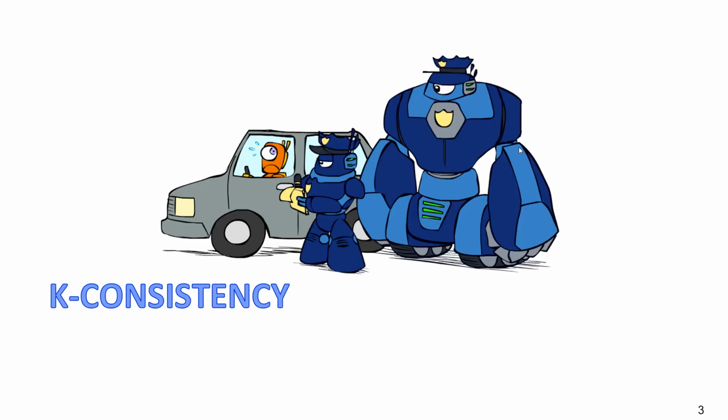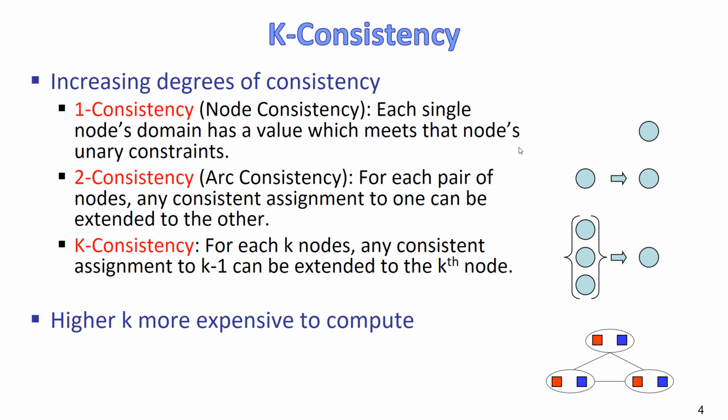We'll start with K-consistency. We already know the first 2 points here, one consistency and two consistency. What is one consistency? One consistency is what we call node consistency. In this case, if we say that a node is consistent, that means that there is a value that meets the node's unary constraints.